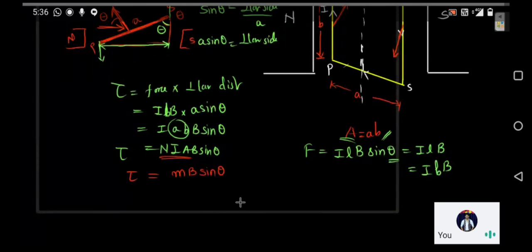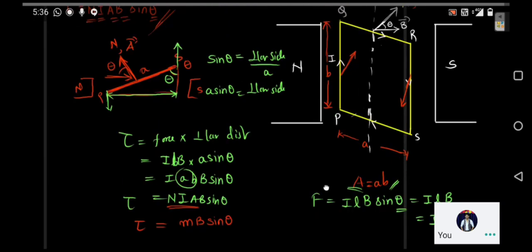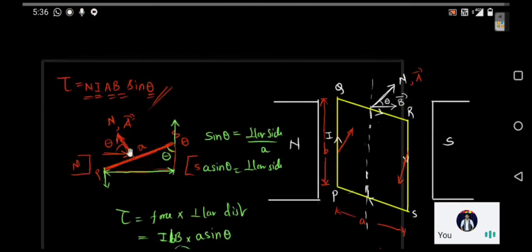Since M is a vector, B is also a vector, and theta is the angle between M and B. If you look at this figure, theta is the angle between the magnetic field and the area vector. And the area vector is also the direction of the magnetic dipole moment vector, because magnetic dipole moment is given by I into A. So whatever is the direction of the area vector, the same will be the direction of the magnetic dipole moment.